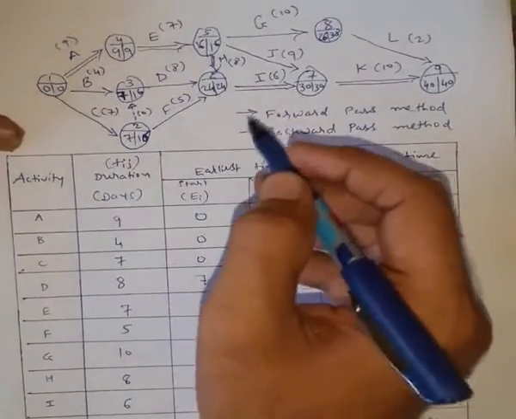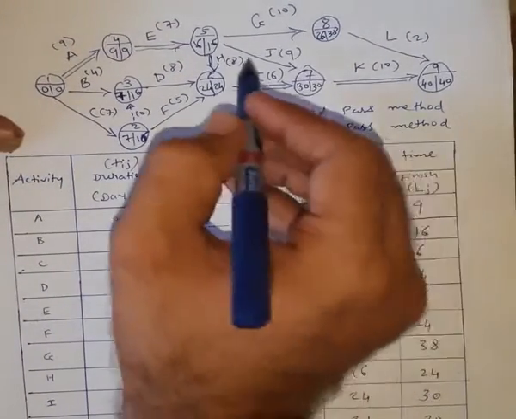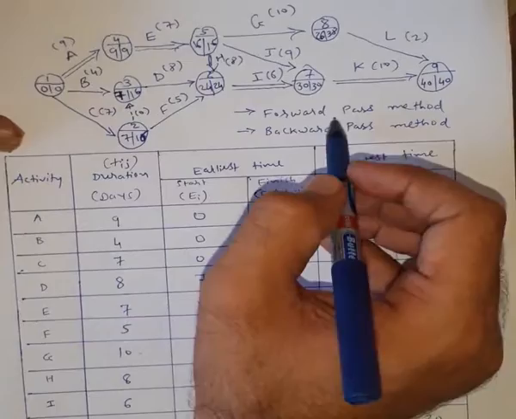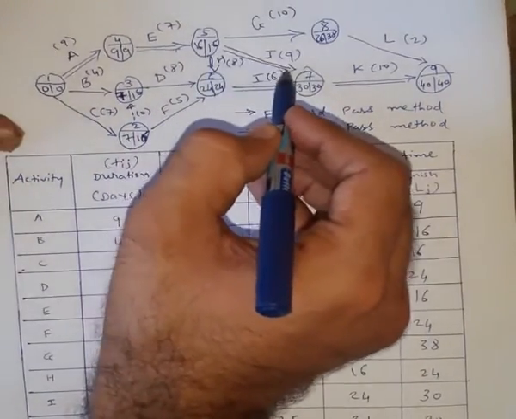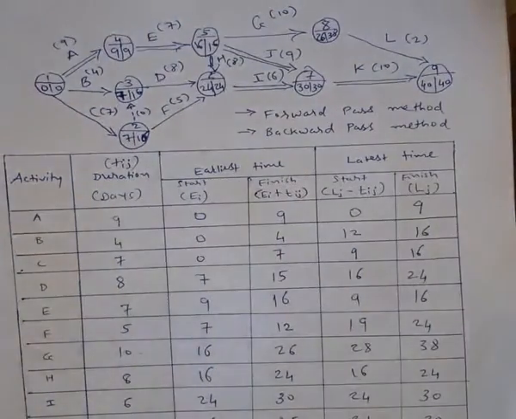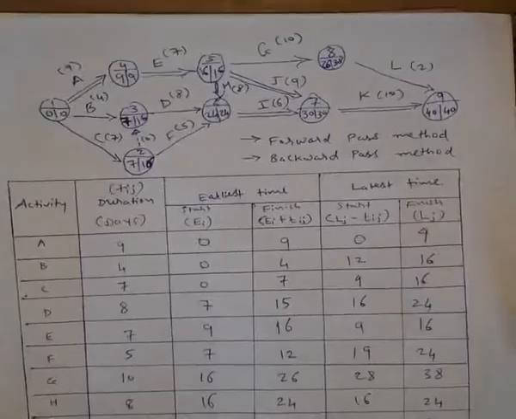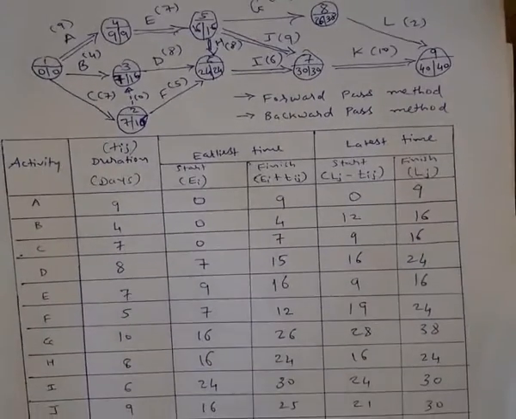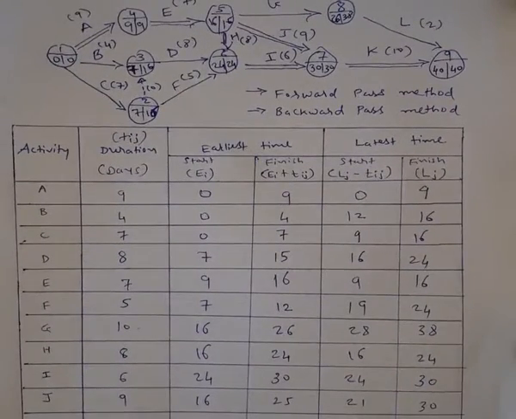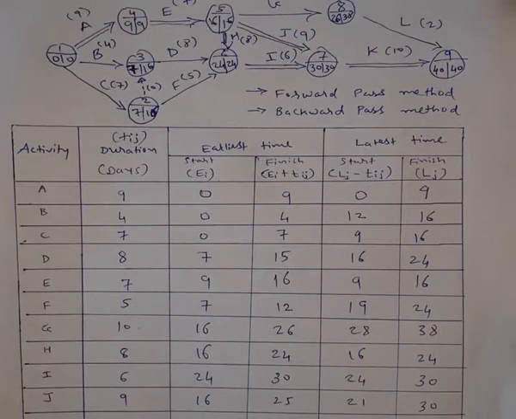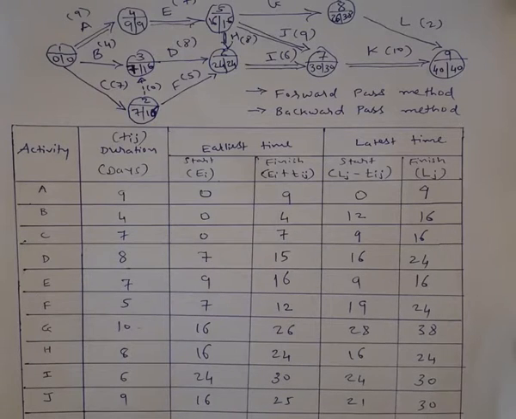There is one more path available. Here also the nodes have the same value, so I am showing this also with the help of a double line. So now there are 2 paths available. One is A to E, E to J, J to K. This is path 1.